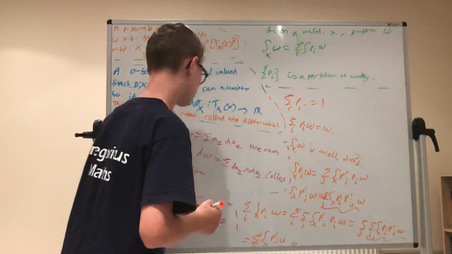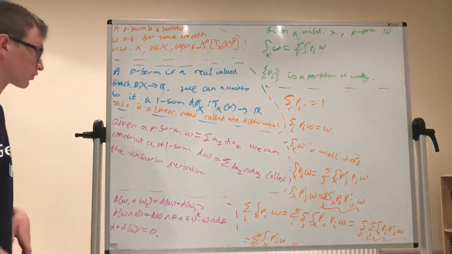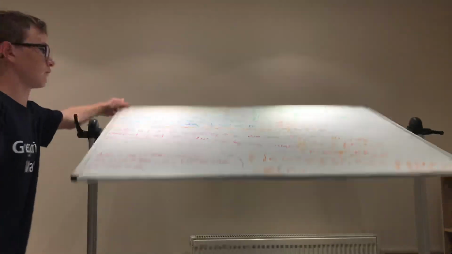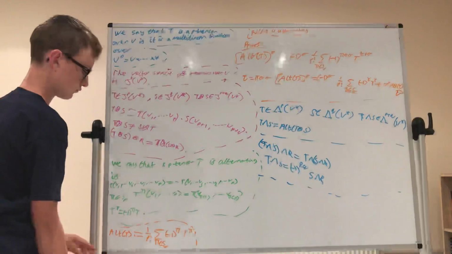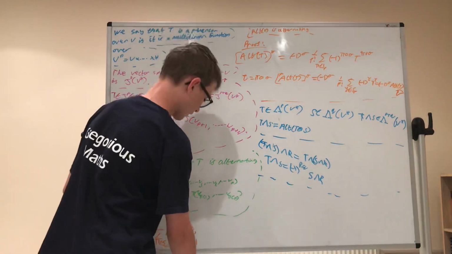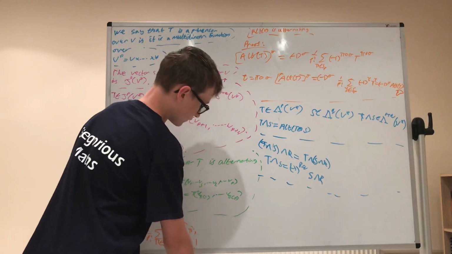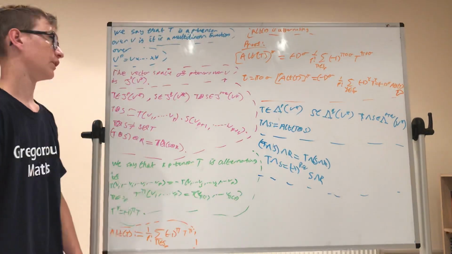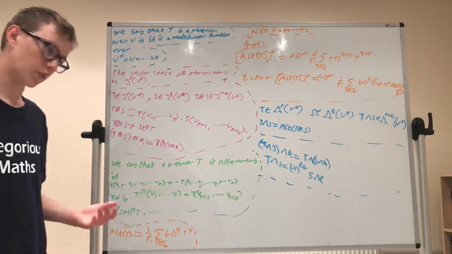Okay, and now, what Stokes' theorem says, and I'll omit the proof for this video. I'll make a separate video with a more detailed account of integration over manifolds and the proof.